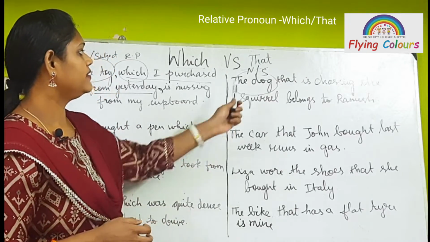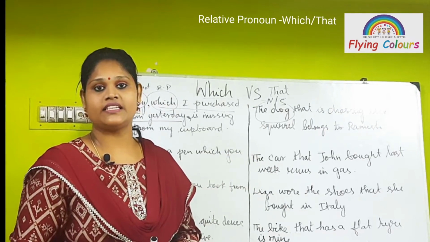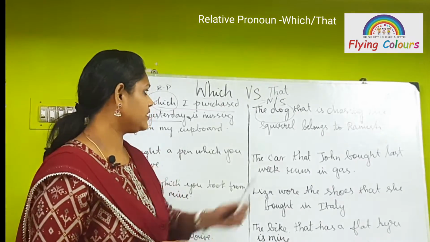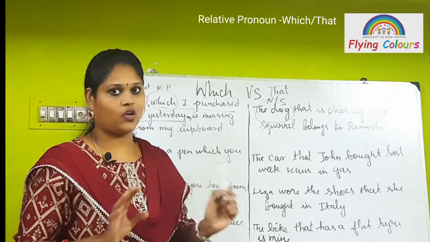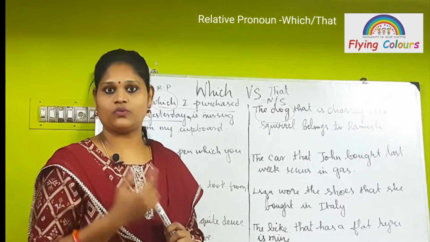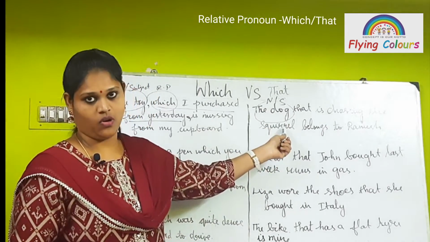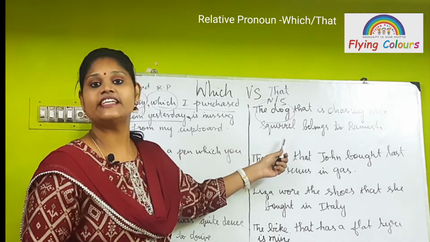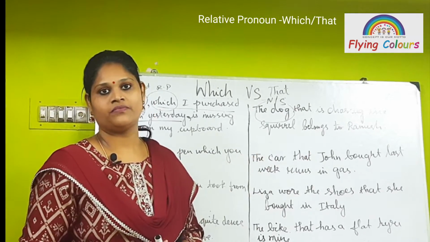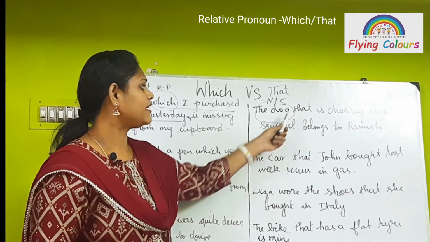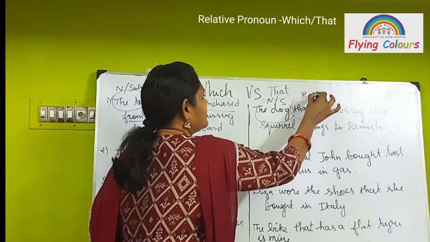Who's chasing the squirrel? The subject, dog. The particular dog. We are not talking about all the dogs in the country. We are talking about only the particular dog that is chasing the squirrel and belongs to Mr. Ramesh. So that is a relative pronoun in this sentence.